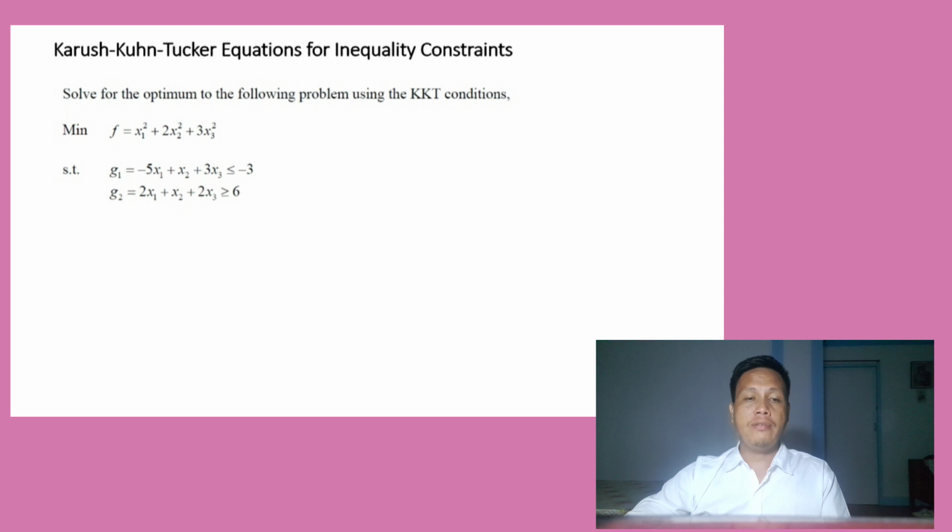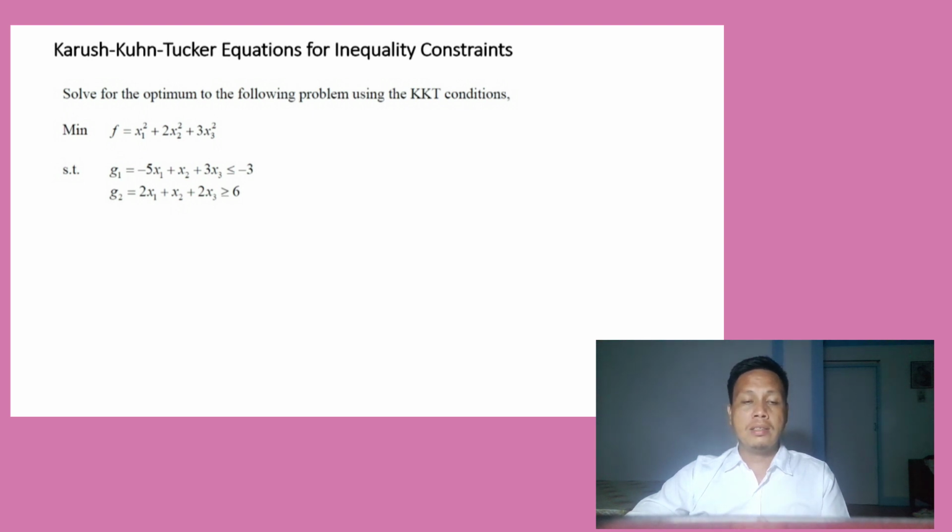Minimize f of x equal to x sub 1 squared plus 2x sub 2 squared plus 3x sub 3 squared, subject to g sub 1 equal to negative 5x sub 1 plus x sub 2 plus 3x sub 3 less than or equal to negative 3, and g sub 2 equal to 2x sub 1 plus x sub 2 plus 2x sub 3 greater than or equal to 6.